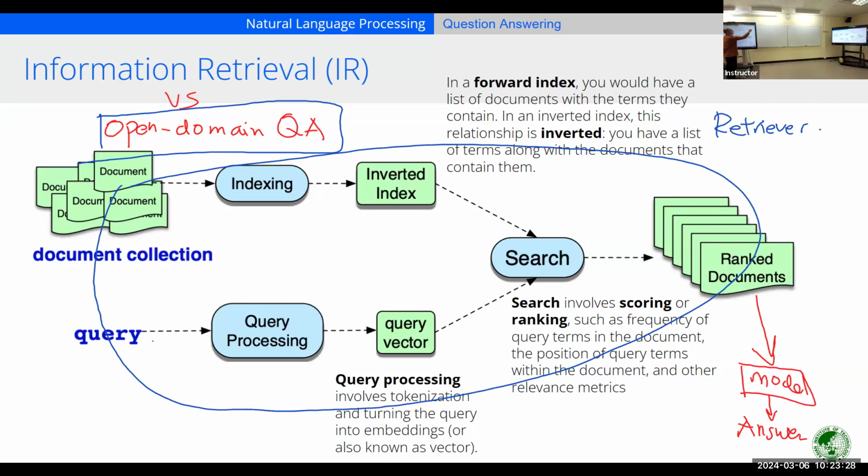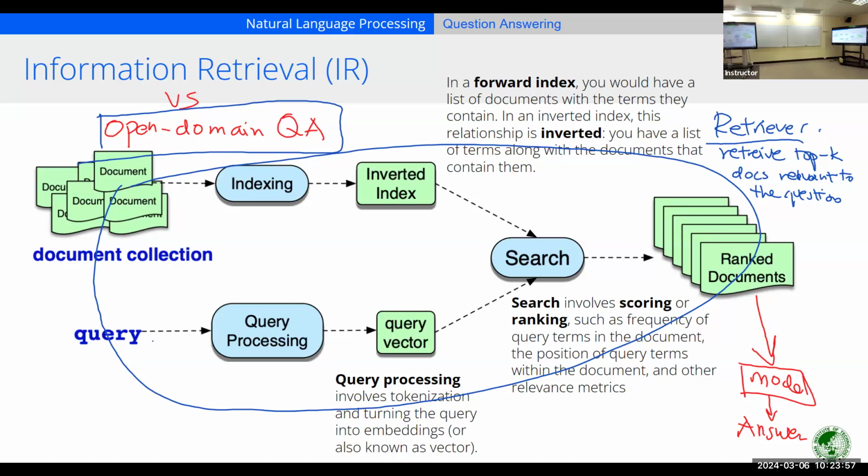So what is a retriever? It retrieves maybe top K, maybe top 5 or top 10, whatever, documents relevant to the question. Right, so we call this the retriever. So you need to know this term called retriever.